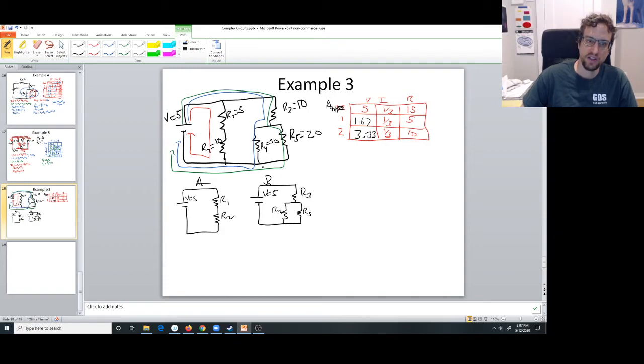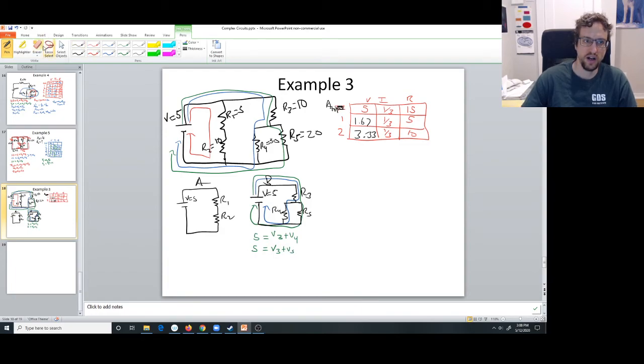Okay. Now we look at the second one here. A little more complicated, right? We can do our voltage loop, and we have our green loop. Those tell us that 5 equals V3 plus V4, and 5 equals V3 plus V5.